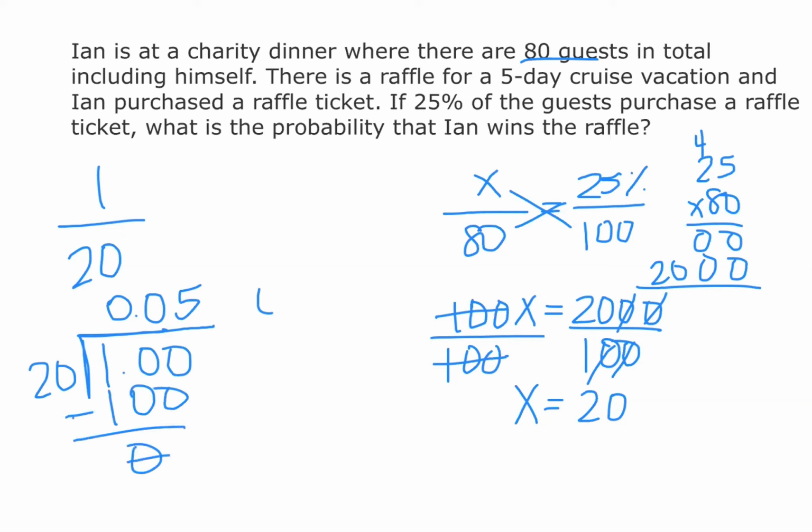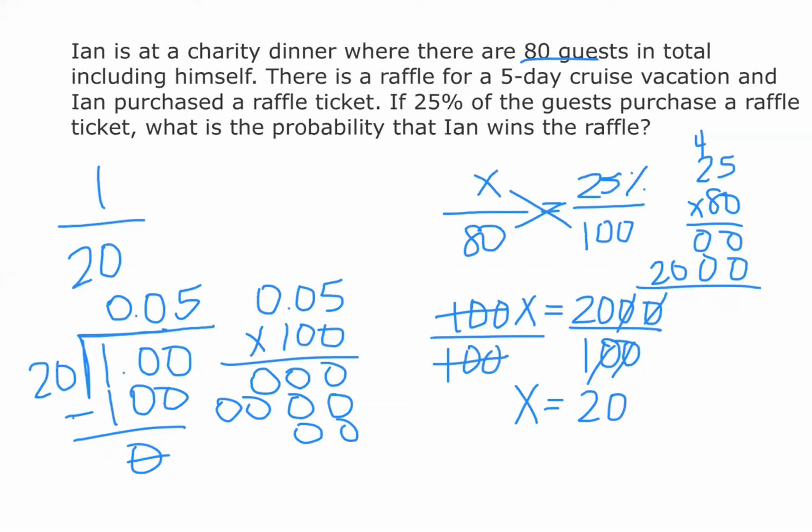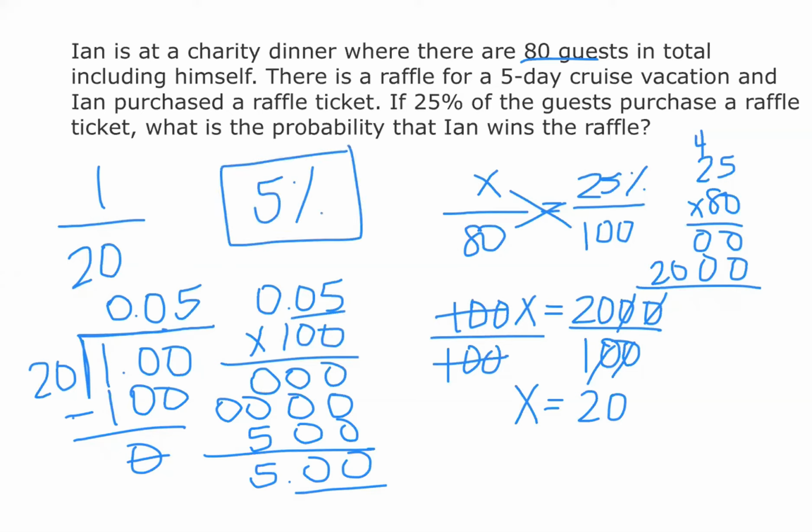Okay, so 0.05, we now multiply by 100. 2 placeholder zeros, 5. 2 numbers behind the decimal point in my question, 2 numbers behind the decimal point in my answer. So I'm left with 5% as my answer.